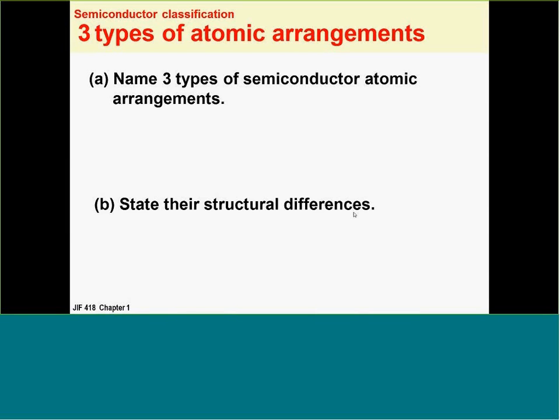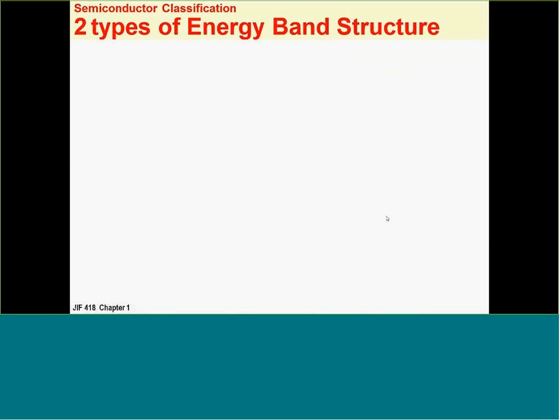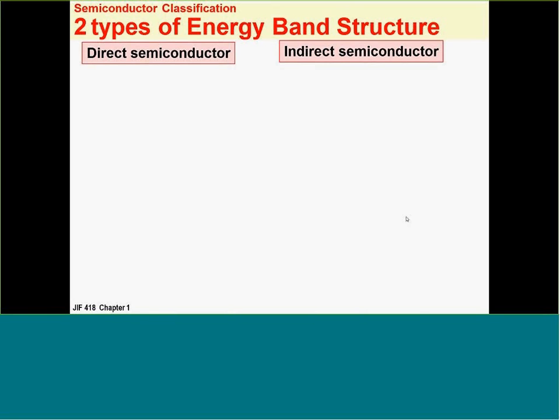Okay, let's go to the third classification. So the third classification is based on the energy band gap structure. So basically there are 2, whether it's direct semiconductor or indirect semiconductor.